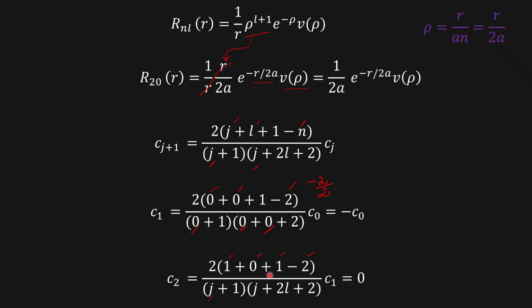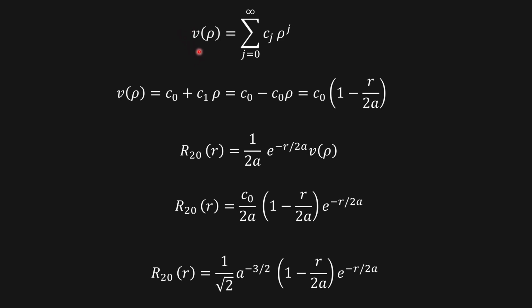This is 1 plus 1, 2, 2 minus 2 is 0. This numerator is 0, so you need not calculate the denominator. So this will be 0. C2 will be 0. So you have only C naught and C1. Now we will find the v of rho.